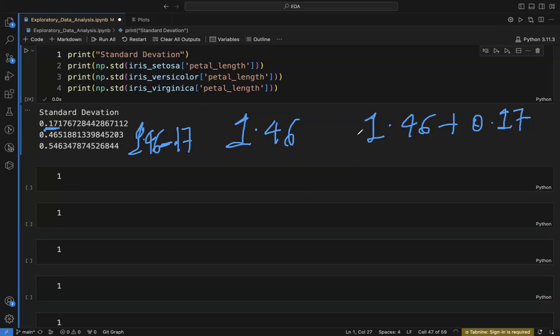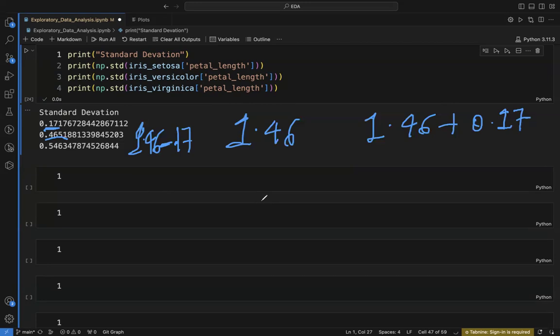Similarly, what about my versicolor? This is my versicolor. I have a standard deviation of, not variance, 0.46 in versicolor.